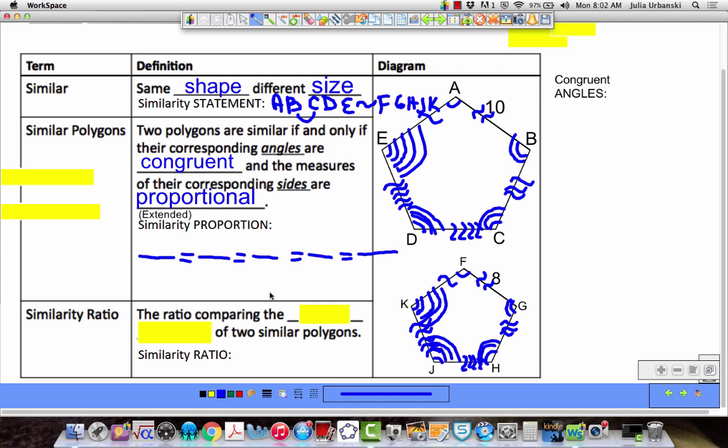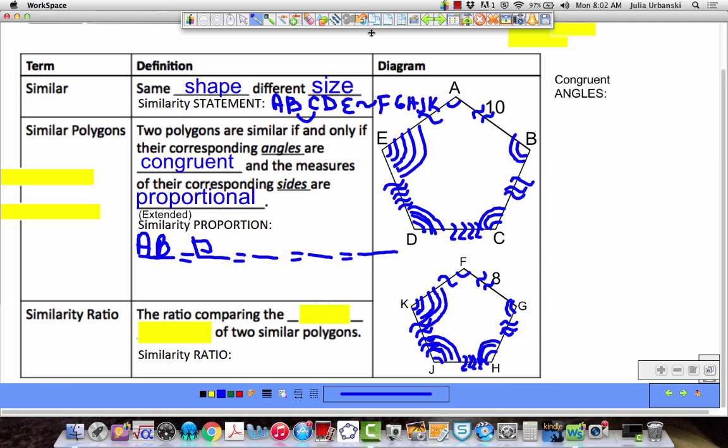Alright, so here's the thing. I have one side, AB. What's easiest probably is to just go across the whole top, make that the biggest shape. So what's next? I had side AB right there. What's the next side? BC.